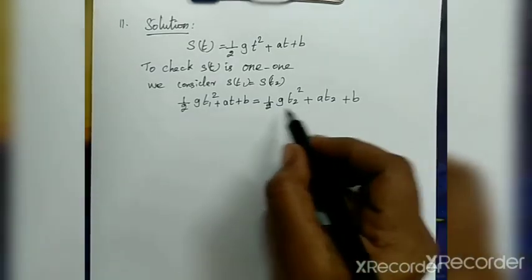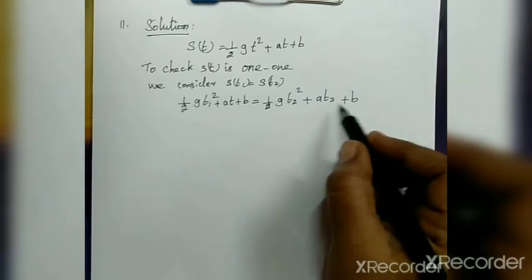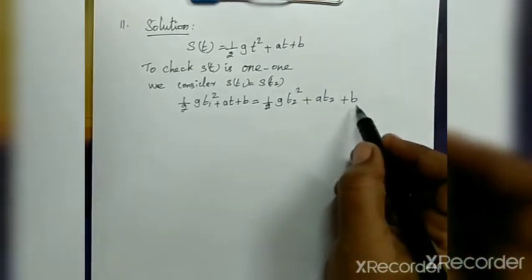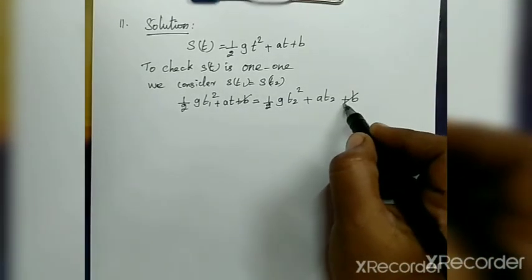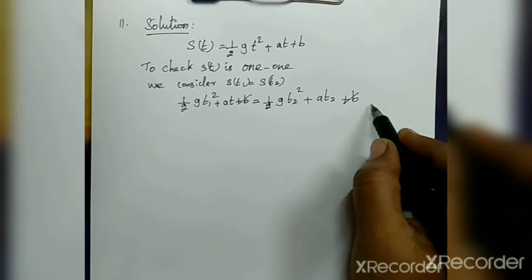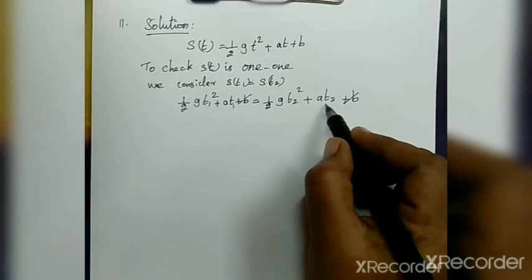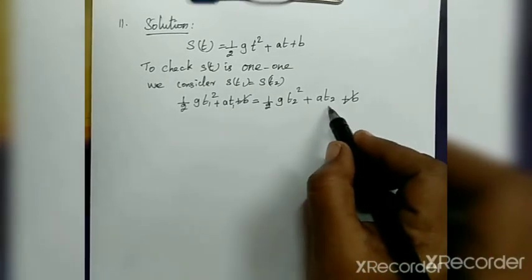See this equation, on both sides there is plus b. When we take the plus b to the other side, it will become minus, then minus and plus get cancelled. So b and b get cancelled. Like that, a t1 and a t2, will they get cancelled? No, because it is t1 and it is t2, so we cannot cancel these two.